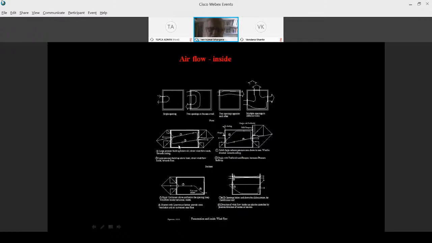And when you have more dead surface below the window, in that case, more pressure will be generated by the area below the window, and it will divert the wind inside in the opposite direction.